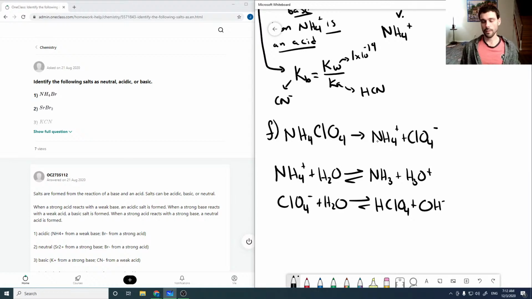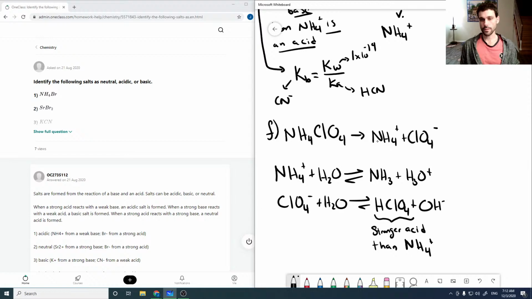Okay, so again, neither of these are strong acids or strong bases, so we can't make any judgments that way. But we can say that this species is a stronger acid than NH4 plus.